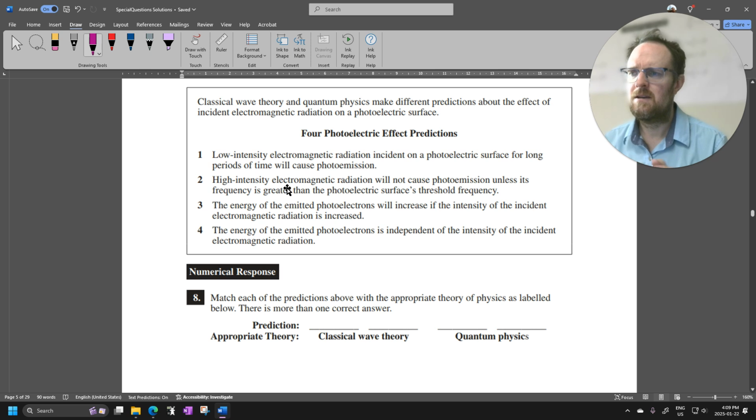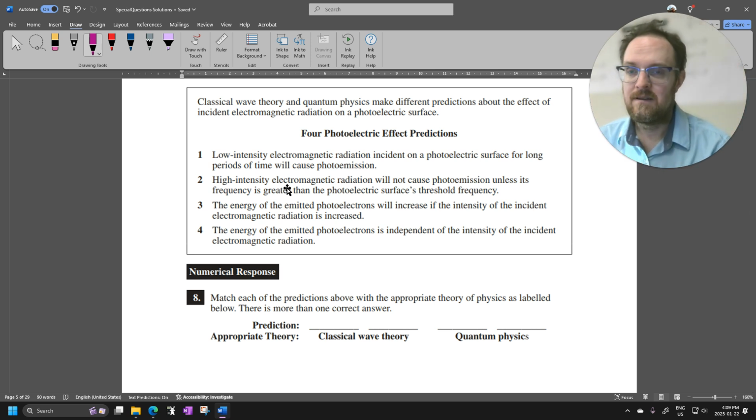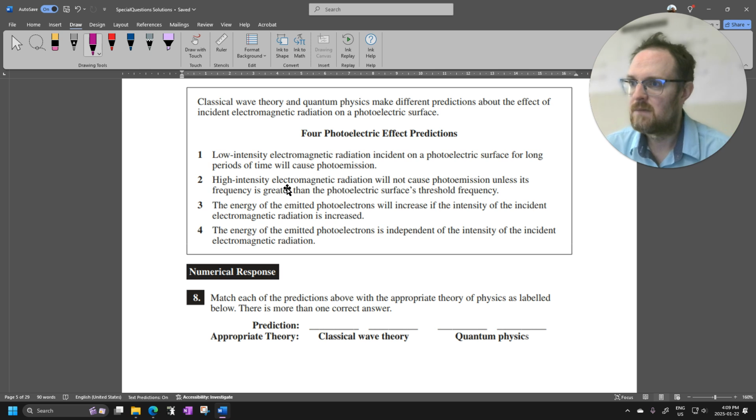That's false, right? Einstein said and proved it. It's instantaneous. A photon hits it, electron pops out. And if the energy of the photon, the energy of the light, is not enough, it doesn't matter how long you put it on there, the electrons are not going to pop out, right? So this is the old classical theory. It's wrong.